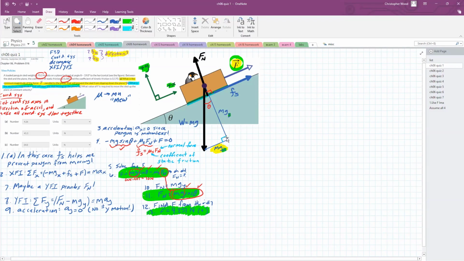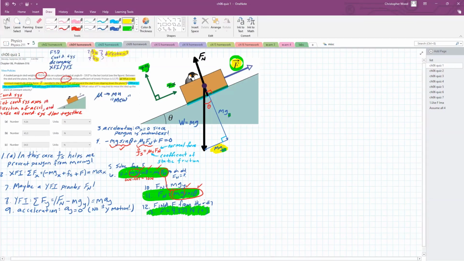There's one and only one vector that changes here. So I'm going to get rid of f sub s. And as I read part B, and I'm going to read it again, that's the secret. Part B says, what is the minimum F that will start the sled moving up the plane? So I'm still back in this mode right here.